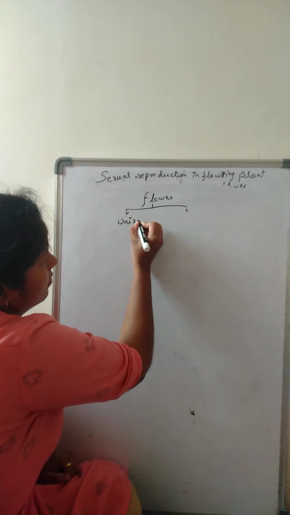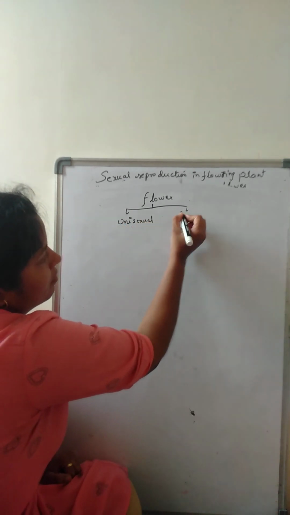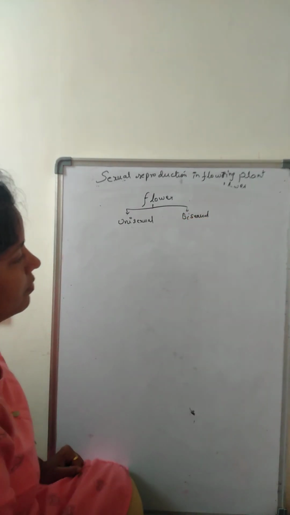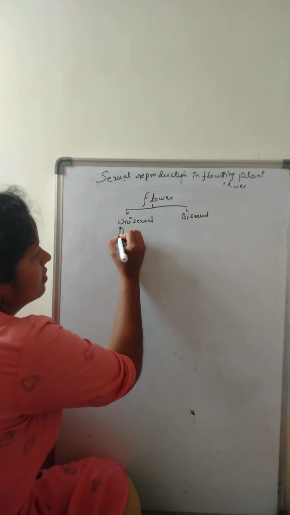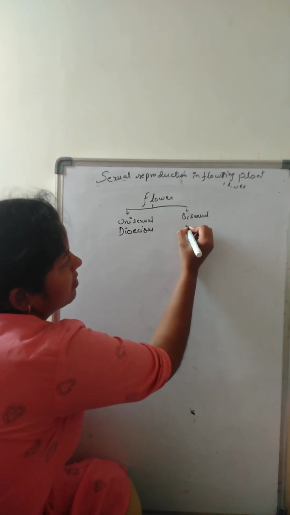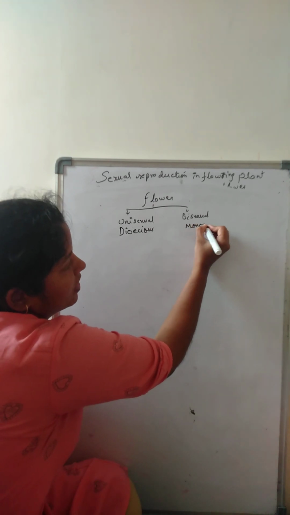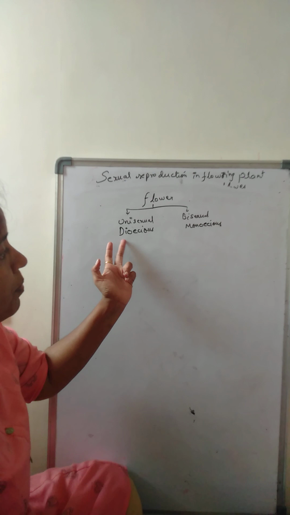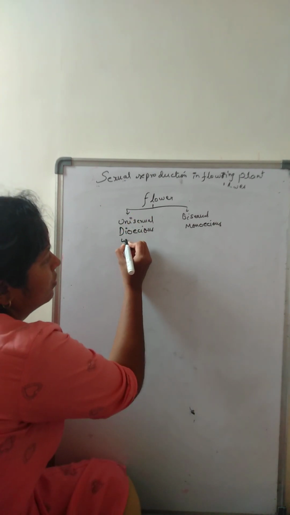Unisexual, bisexual. This is dioecious. This is monoecious. What is the meaning of dioecious? Dio means two. Okay, two.